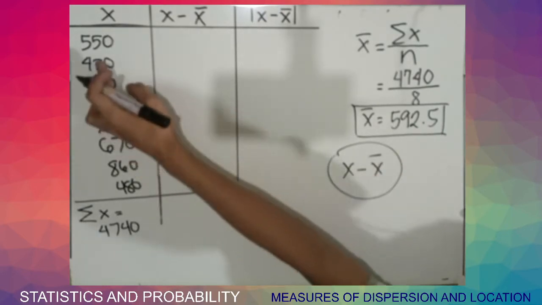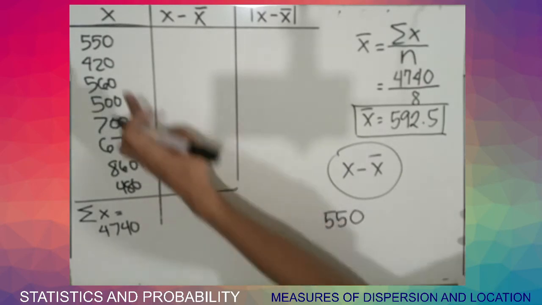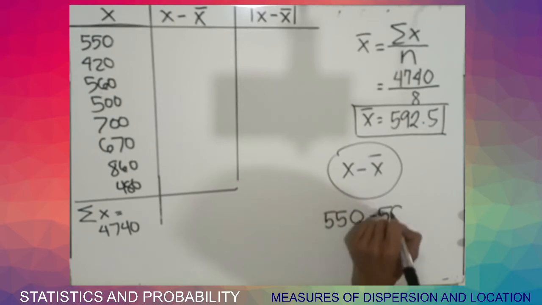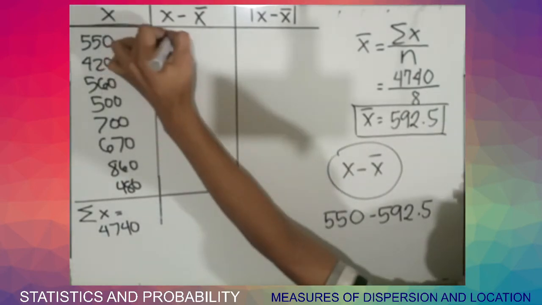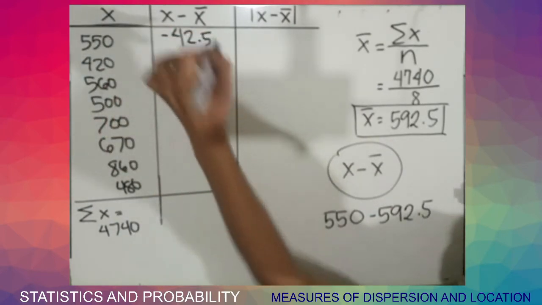So, unahin natin si 550. So, gagawin natin daw, ima-minus daw natin si 550 sa 592.5. Okay. So, 550 minus 592.5. So, ang sagot dyan ay negative 42.5.